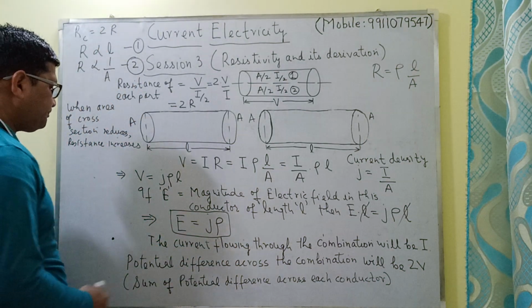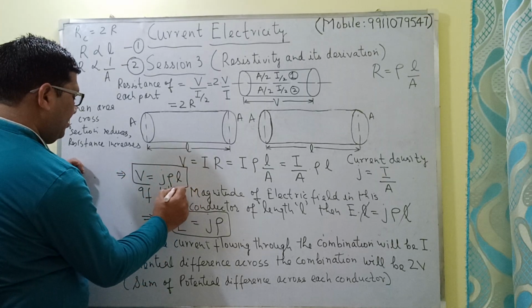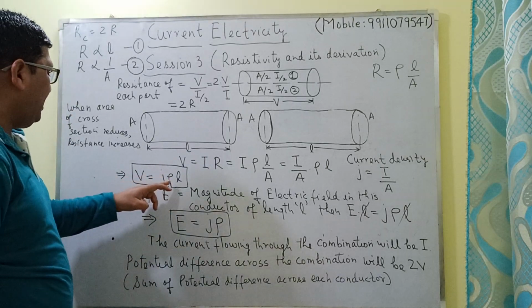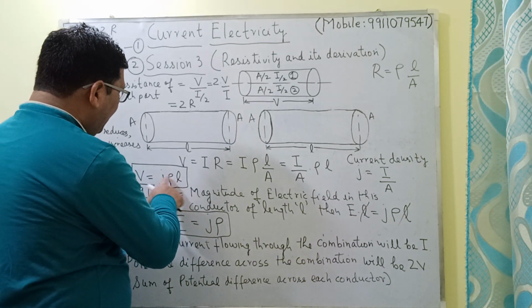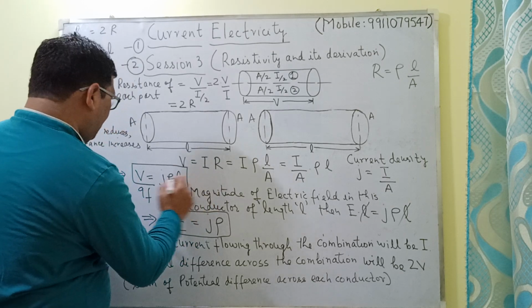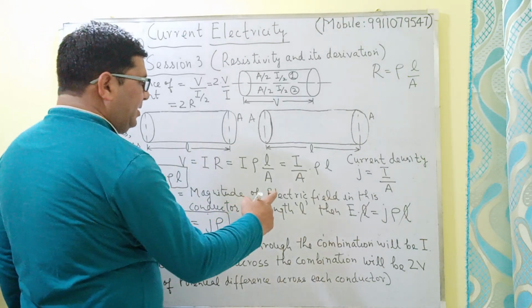And this was another equation which we were able to derive, which was V is equal to J into rho into L, and this is another important equation for all of you to remember.